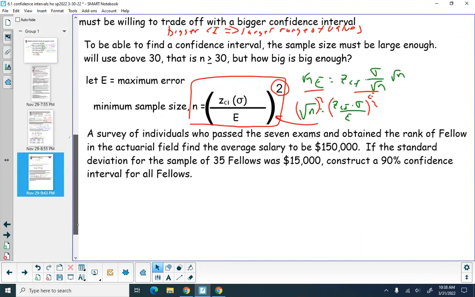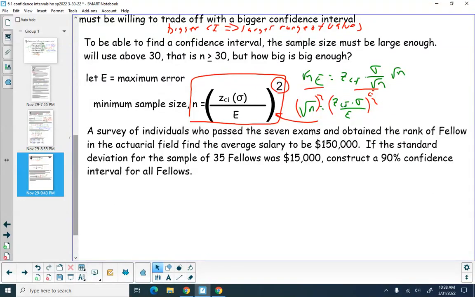Go through one last problem here. A survey of individuals who passed all 7 exams to obtain the rank of a fellow in the actuary field finds an average salary of $150,000. If once again you don't want to be an accountant because you don't like debits and credits, you don't want to deal with that.